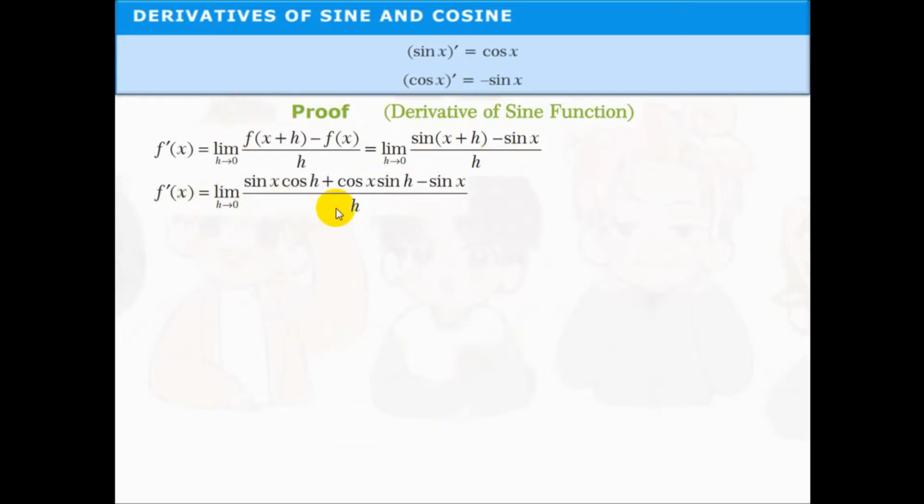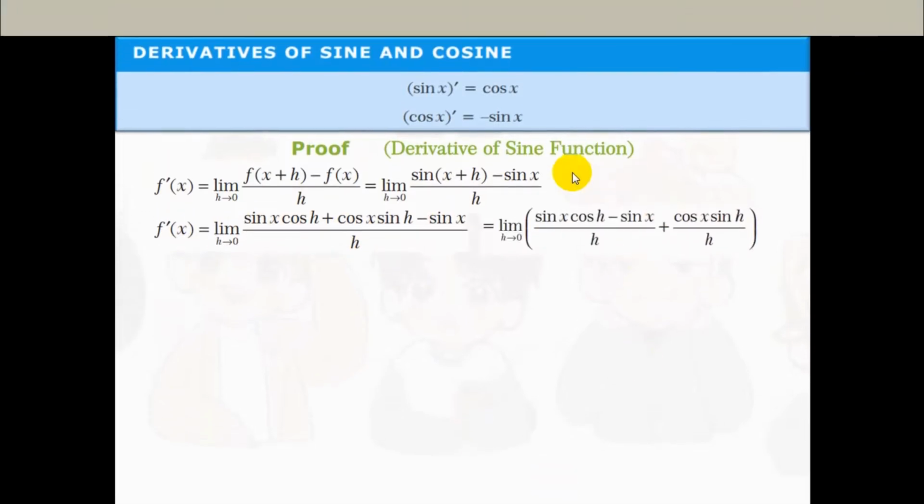And then we get f prime x is equal to the limit as h approaches 0 of sine(x plus h), which is sine x times cos h plus cos x times sine h, minus sine x, over h.